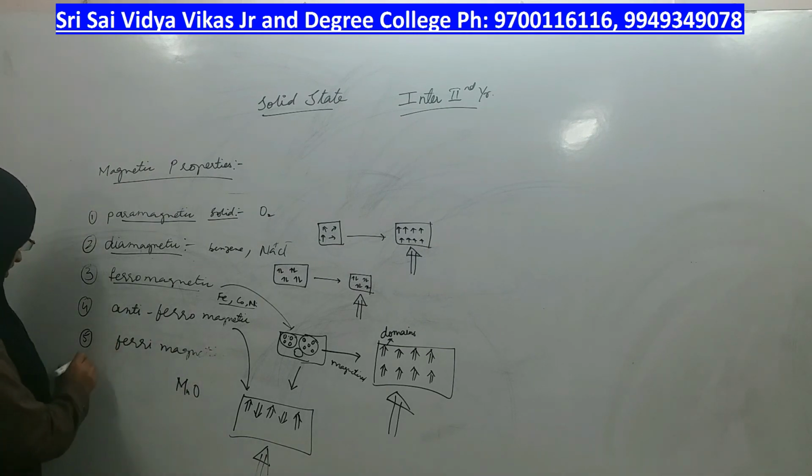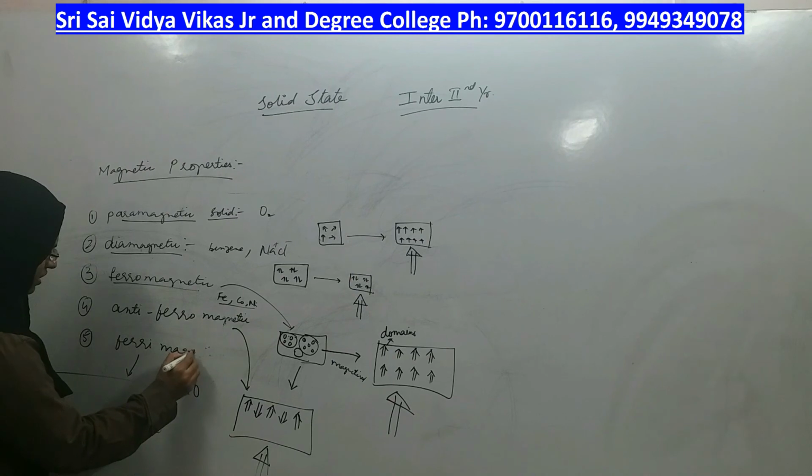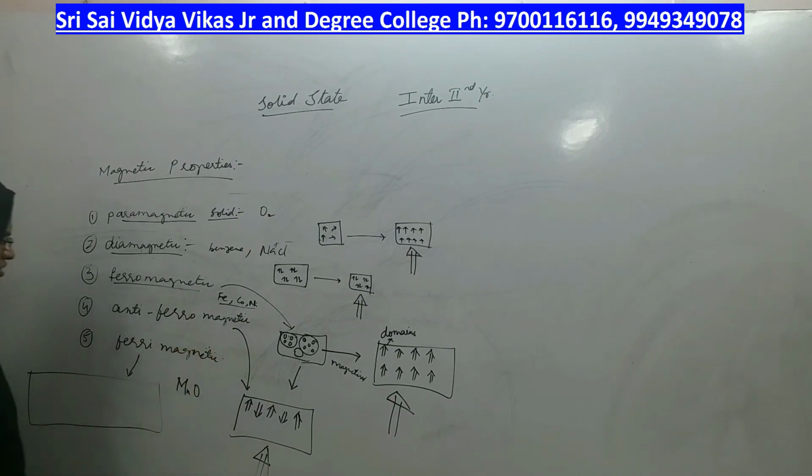Coming to the last type, ferrimagnetic compounds. Even in ferrimagnetic compounds, you will see the same type of domains which are present in the crystal. Once you give an external magnetic field, the domains get aligned, but not in the same direction nor in the opposite direction.